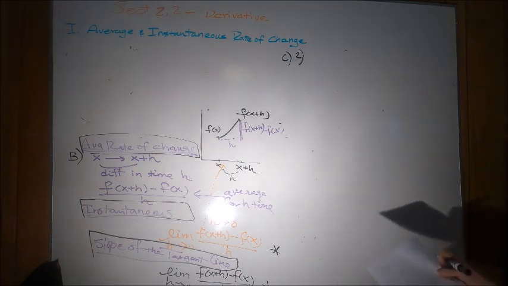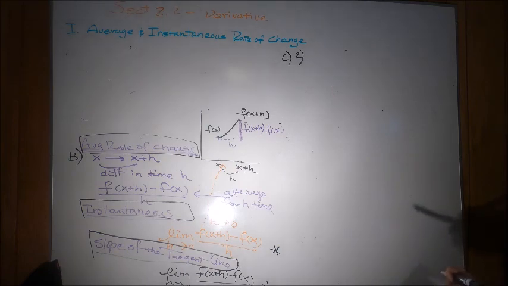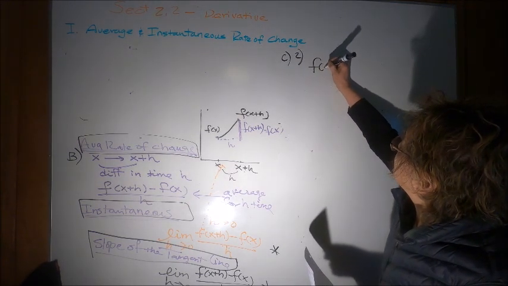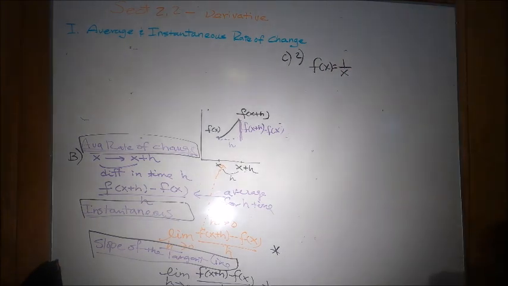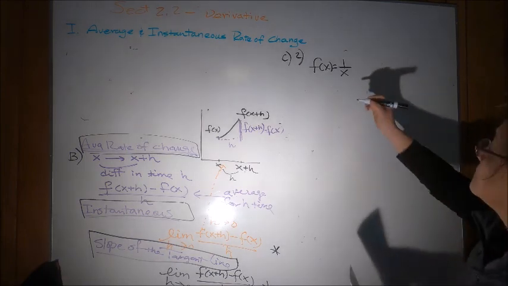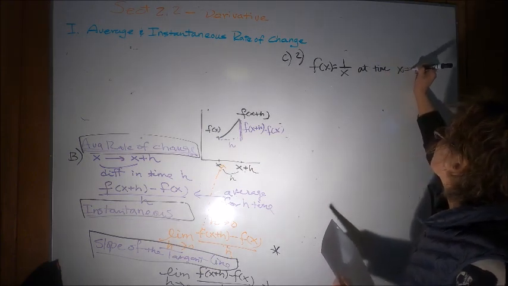Now let's take a look at page 25. Another example, finding the slope of the tangent line. Okay, so if I give you a function, f of x equals what? 1 over x, at the time x is 2.